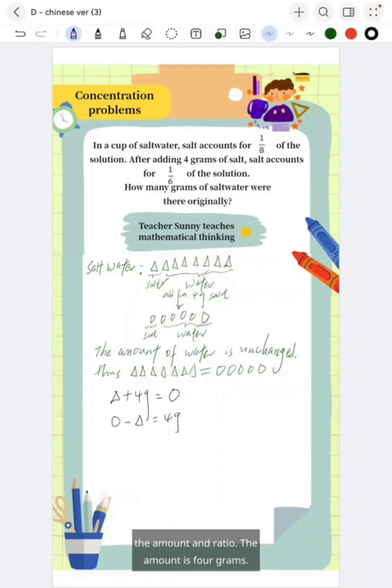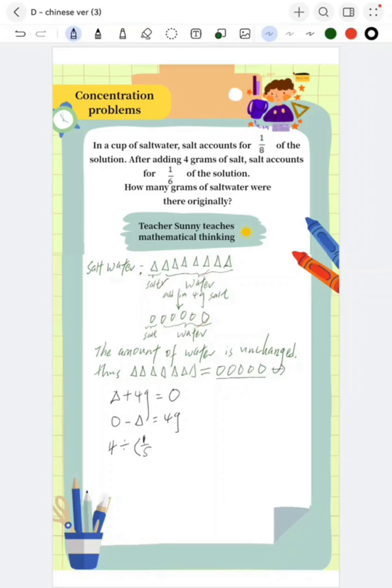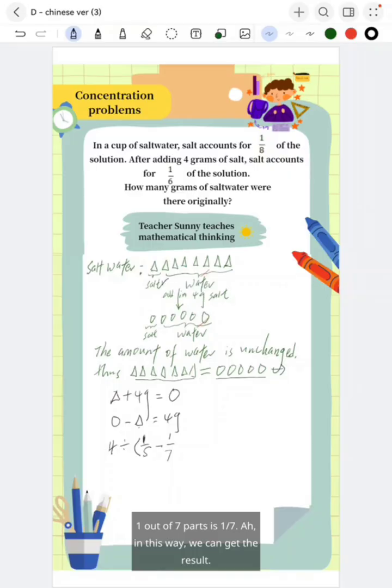We can get the amount and the ratio. The amount is 4 grams, divided by this fraction. What is the fraction here? We take 1 out of the 5 equal parts here, which represents a fraction of 1/5. If we consider this section as a complete single unit, then subtract the triangle, which is 1 out of 7 parts, 1/7.